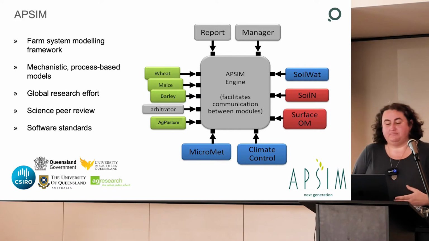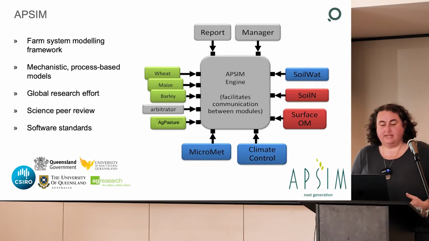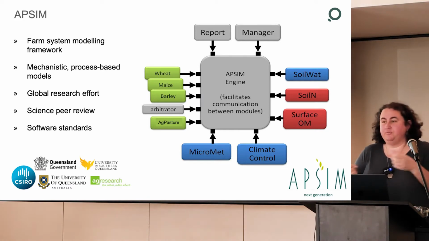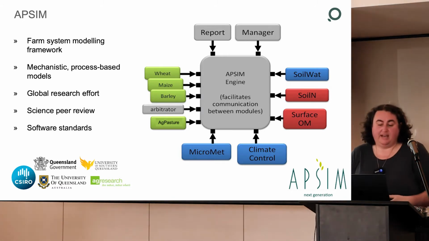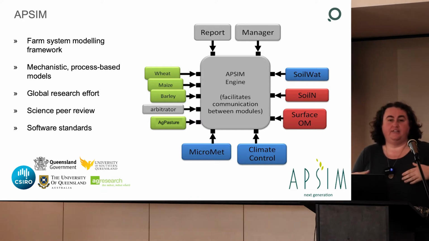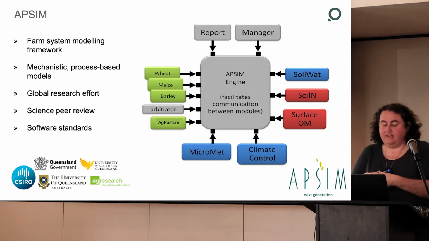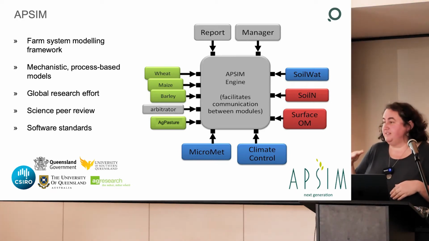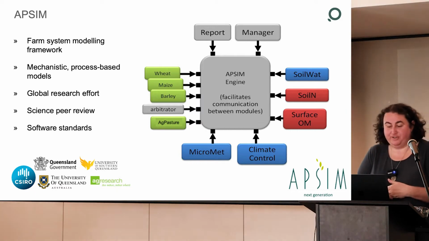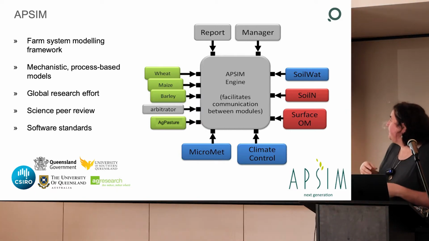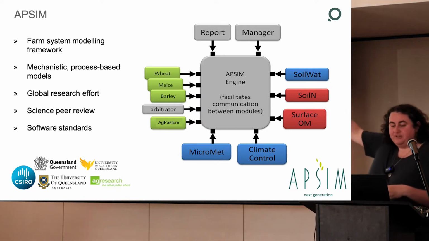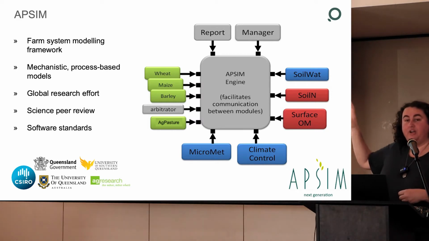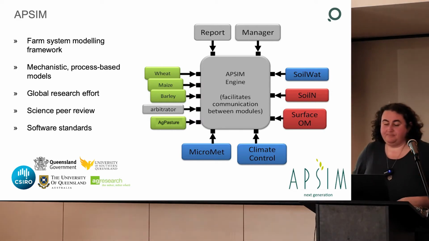Within that framework, there are mechanistic process-based models, and those models interact to form a farm system. As I said, it's a global research effort. There's a science review process to get material and models and code into it, and also software standards are maintained and improved, hopefully. So it's a framework with a central engine around which there are a number of modules that can be bolted together.